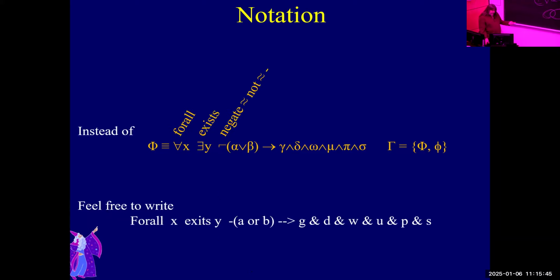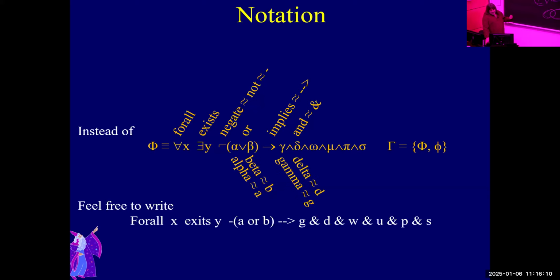I've been using these letters because people do it in logic, but probably many of you, and even me, as we go further down the list, don't know the letters. So, alpha, beta, gamma, delta, omega, mu, pi, sigma, right? We can avoid some of these and use A's and B's.